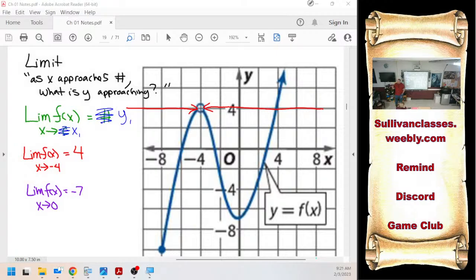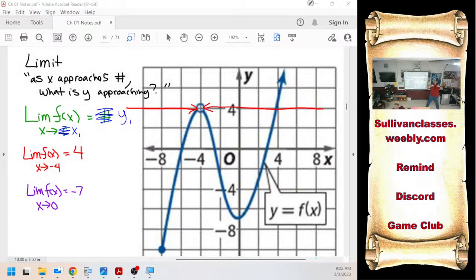This is why we want you to be good with your calculators. A lot of textbooks will want you to physically write out the table. Like if I'm getting really, really close to -4, they want you to show at -6 and -2, -5 and -3, -4.5, -3.5, -4.1, -3.9, -4.001, -3.999.